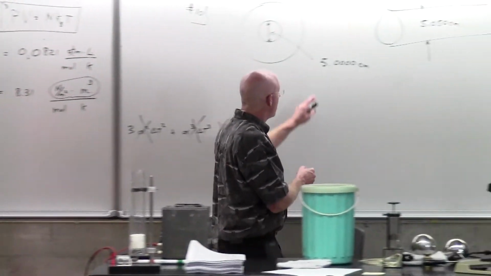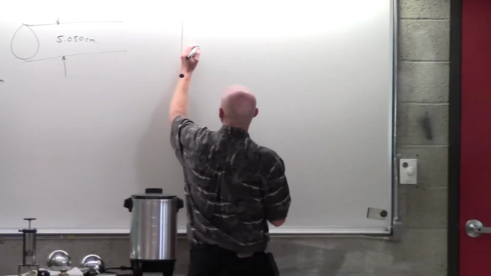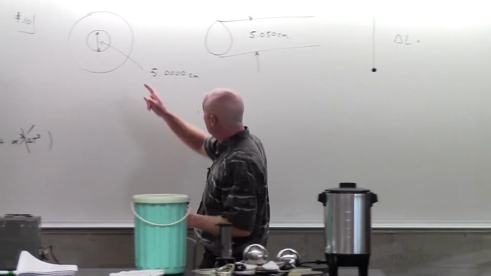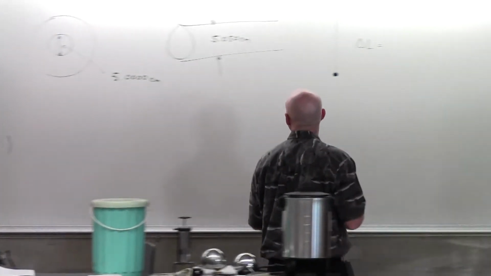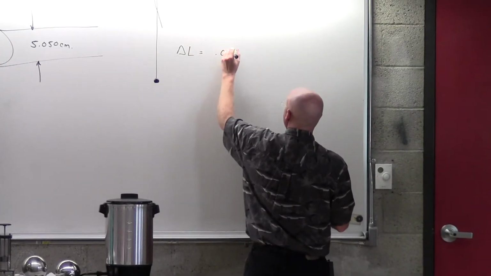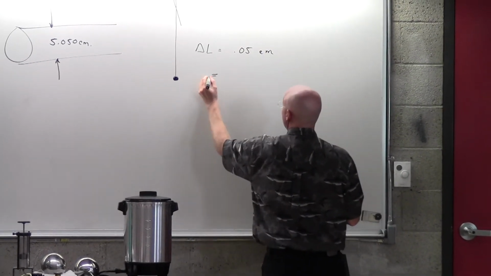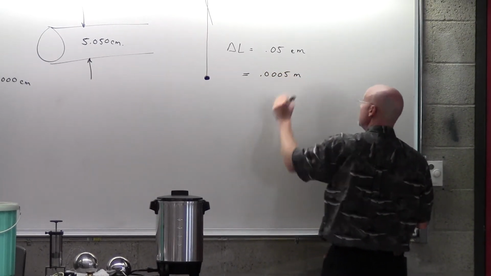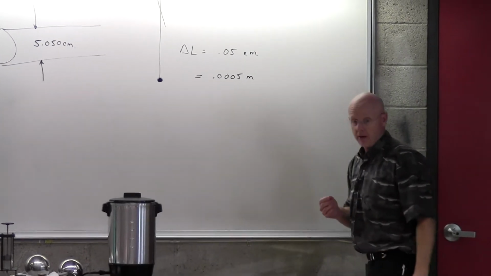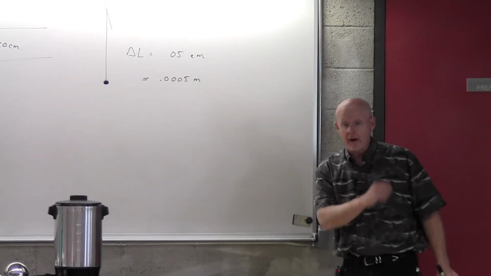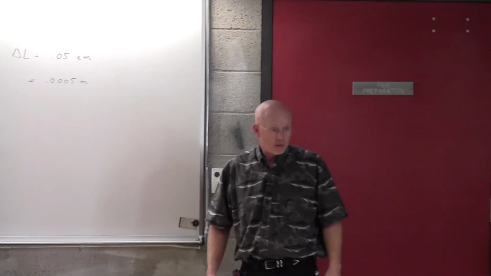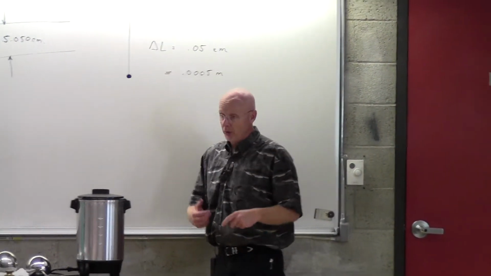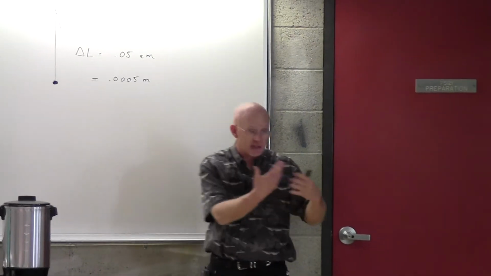So we are looking at changing the opening of that ring by 0.05 centimeters, or 0.0005 meters. Now we could do area too, and if we do area, we need to look up alpha and double it.